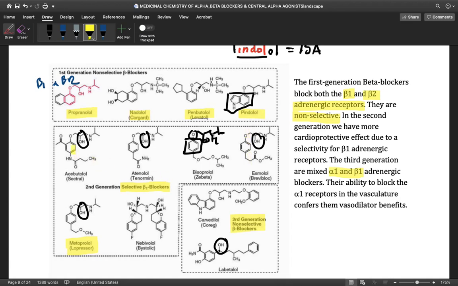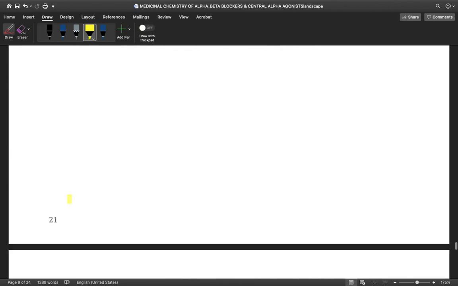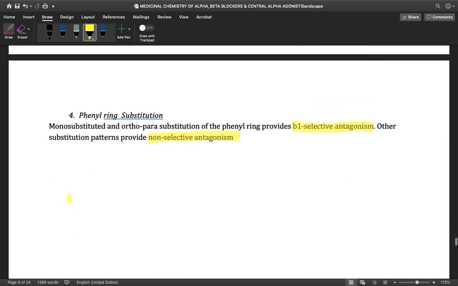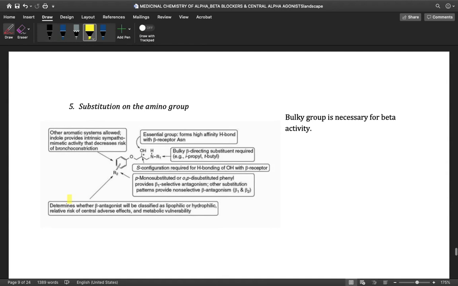They also have the ortho-para substitution. But for the most part, they have that ortho substitution, and that ortho substitution is what allows them to be more beta-1 selective.